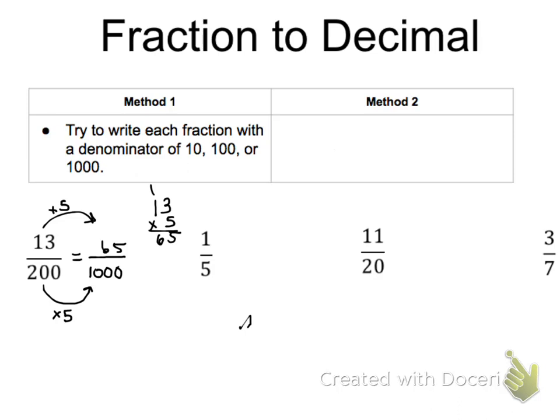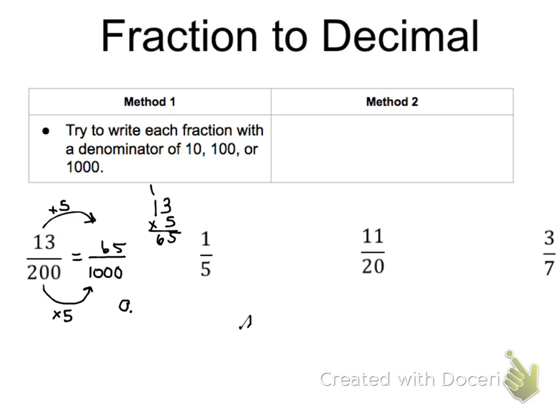Now to write this as a decimal, you have to say it out loud. How would you say that? 65 thousandths. So what that means is it would be 65 in the thousandths place. So if I have a decimal, I know the first place after my decimal is the tenths place. The second place is the hundredths place, and the third place would be the thousandths place.